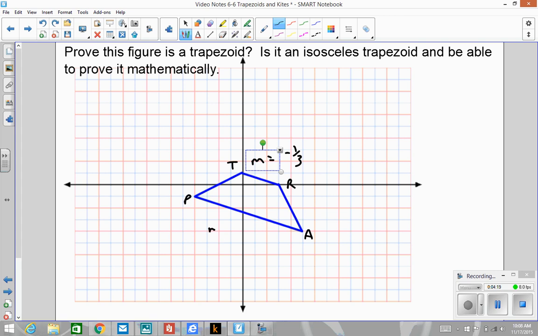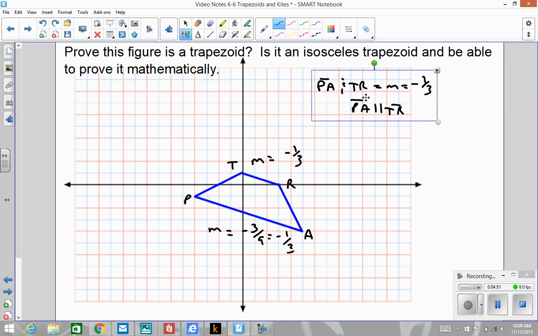The slope for PA is 3 down and 9 to the right, which is -1/3. So PA and TR have a slope equal to -1/3. That means they're parallel. So PA is parallel to TR.